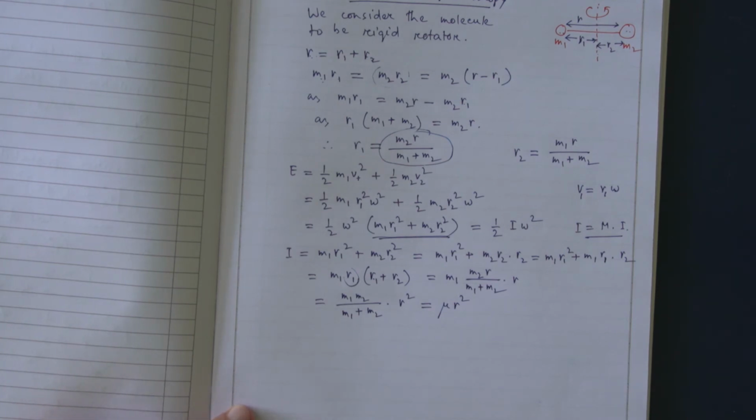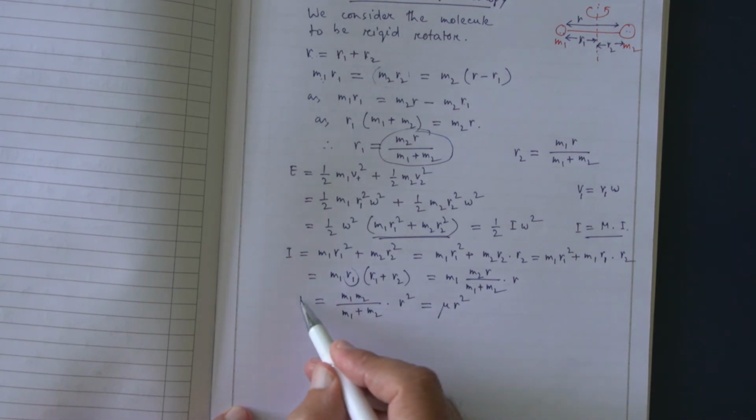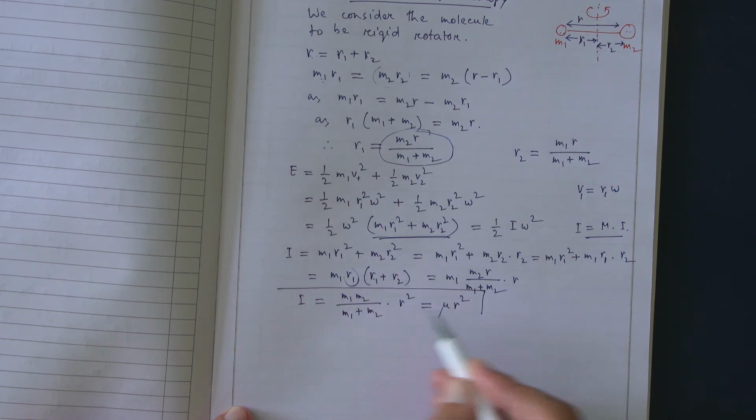So I equals mu R square, where mu is the reduced mass.